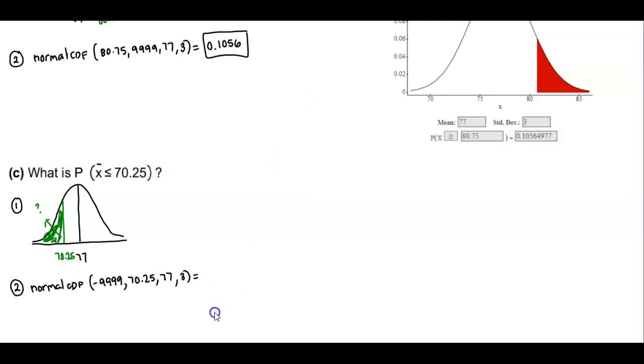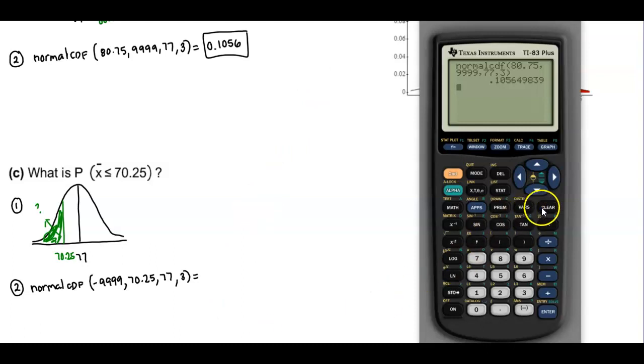So let's do that. We have second distribution, normal CDF. Our lower bound is -9999, our upper bound is 70.25, our mean is 77, and our standard deviation of the sample means is 3. We get the following area there.